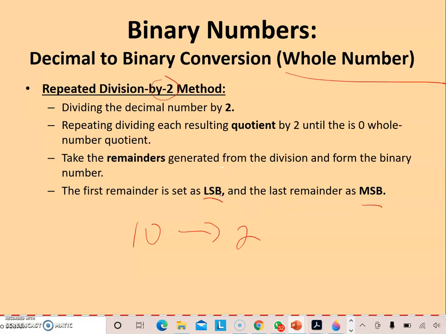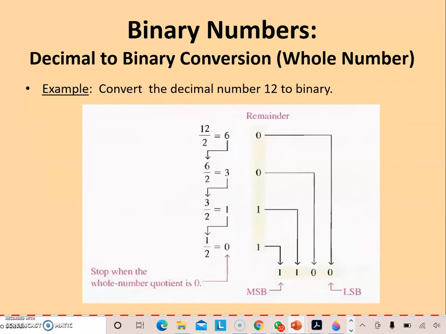Okay, we go to the example for easy understanding. First, we convert the decimal number 12 to binary. This one is your 12 base 10, and we want to have the binary number, base 2. Here you can see, first you divide 12 by 2, you have 6.